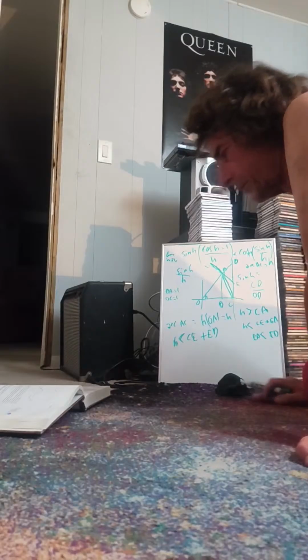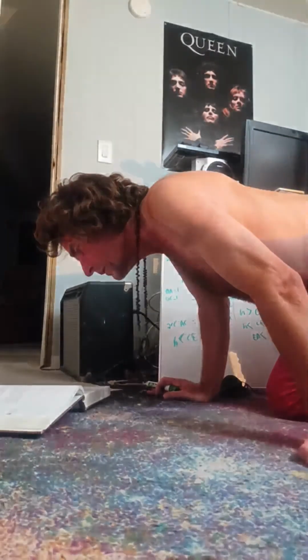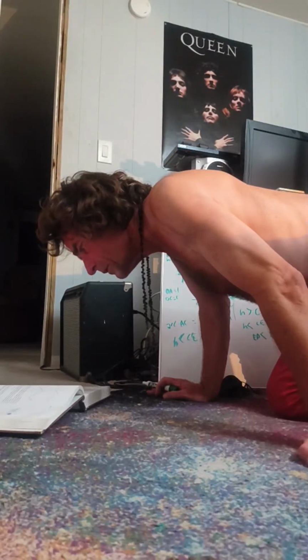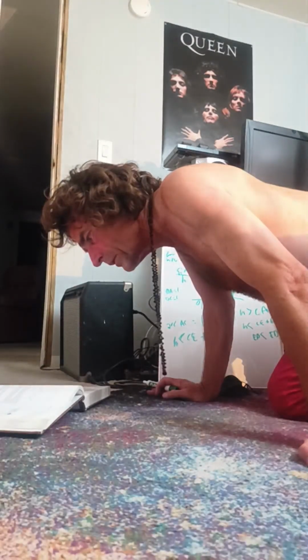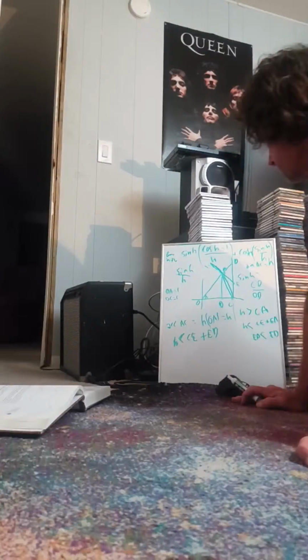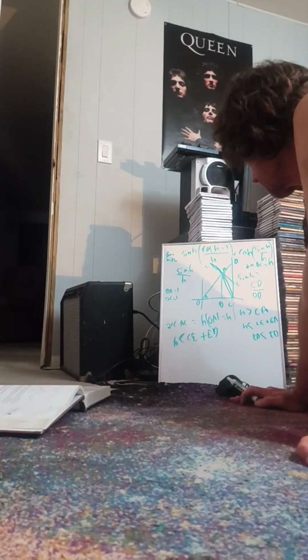What's that line there? What is that line? AB. What is AB? Gotta figure that out. Oh, I know. Wait. What is CA?